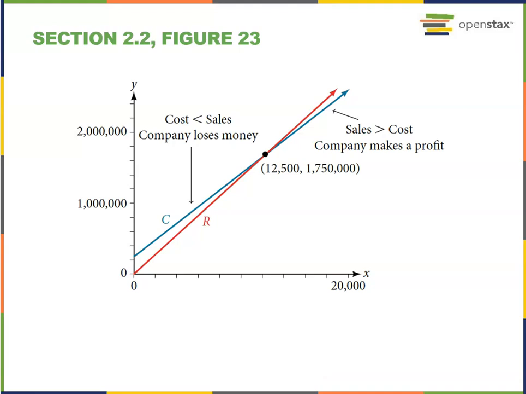And you can see the break-even point, which is the point of intersection, at 12,500 and 1.75 million. So that means if the company sells 12,500 helmets, they break even. So both the sales and the cost incurred equal $1.75 million.